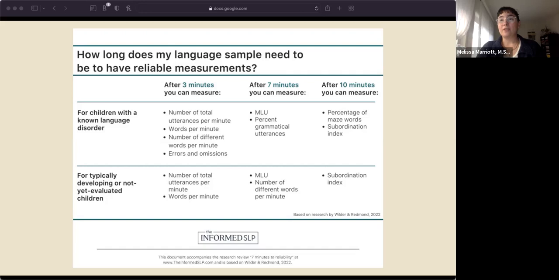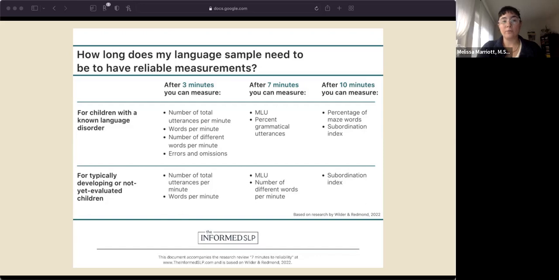So there are a number, as you can see, of analyses that you can do after 3 minutes of a language sample that are just as reliable as your 30-minute, hundreds of utterances language sample. After 7 minutes, there are even more measures that you can do that, again, are reliable with longer language samples.